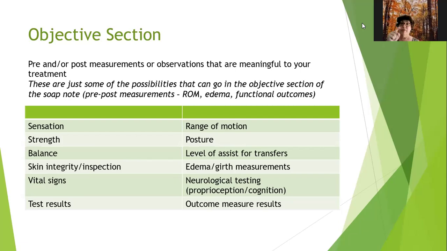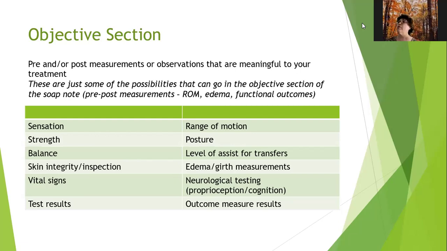So you'd say 5 times sit to stand equals 10 seconds or however long it took them. Posture observations, level of assist, amount or type of cues required. You're measuring objective data because that's how you're going to show whether the patient is making improvements or not, as the case may be. Edema and girth measurements are pretty relevant in an immediate post-surgical patient.